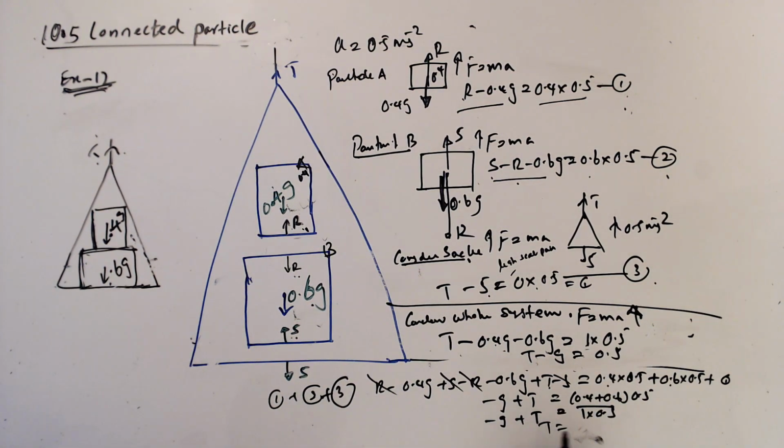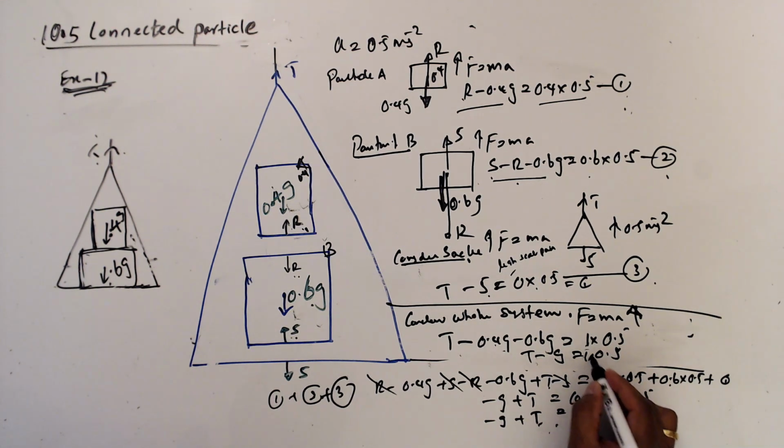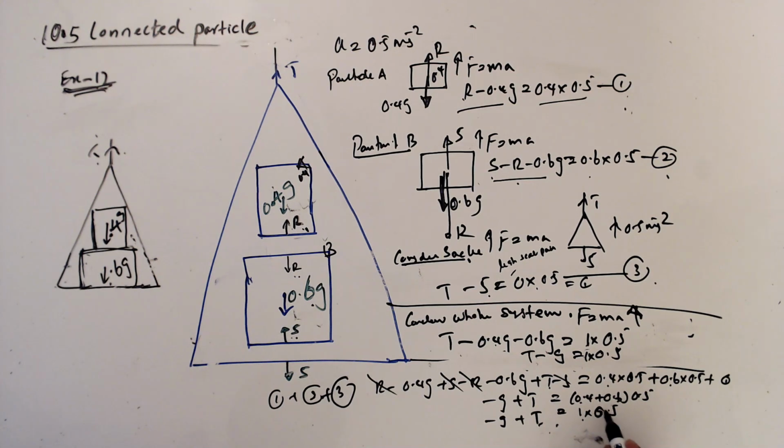So this is also minus G plus T equals 1 times 0.5. So 0.4 plus 0.6, this is 1 times 0.5. So this is T minus G, this is minus G plus T, both the same.